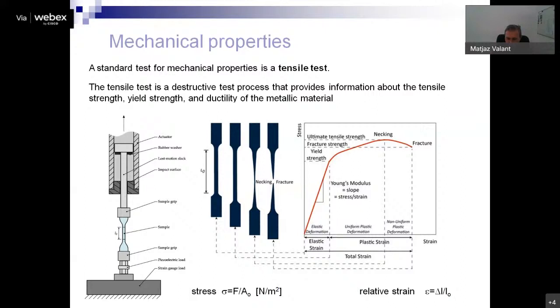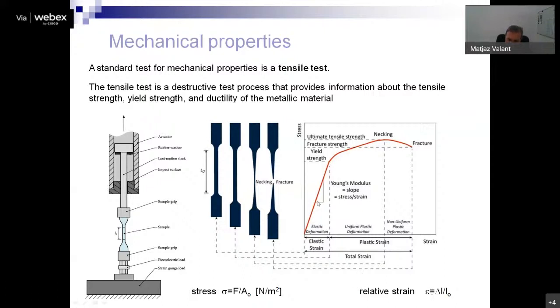Now it can be linear, as it's shown here, because for this particular test, the linear change in the dimension is relevant. However, stress is the force per cross section. And basically, we're measuring the force and the deformation during the tensile stress.